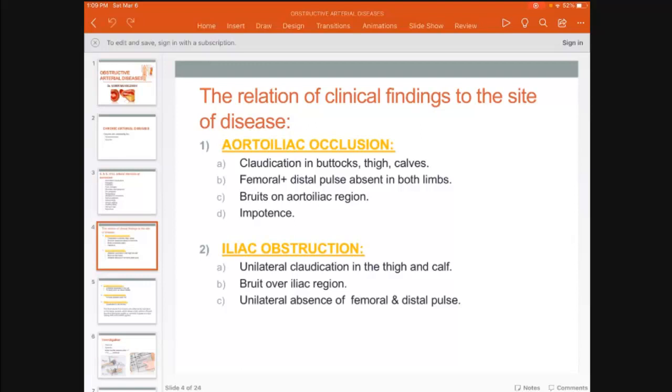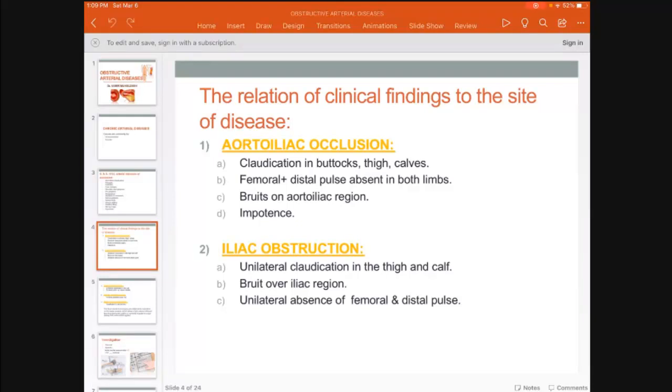You should remember this name, Leriche. It is very important, the criteria of Leriche syndrome.